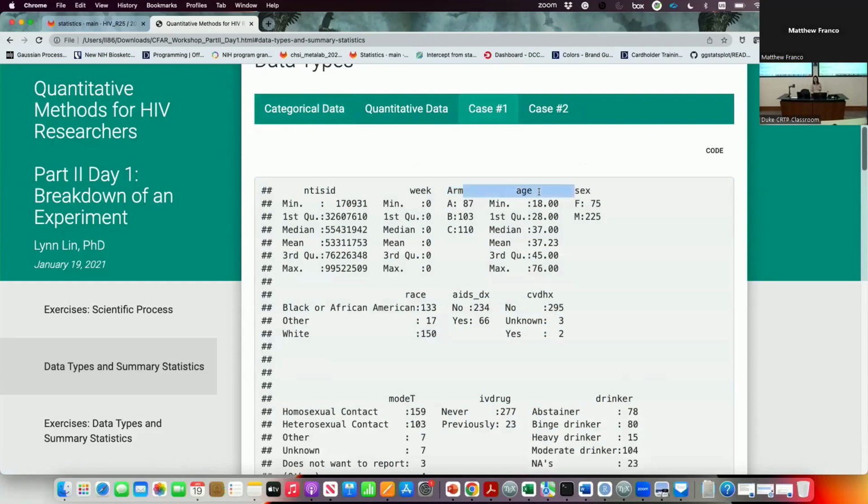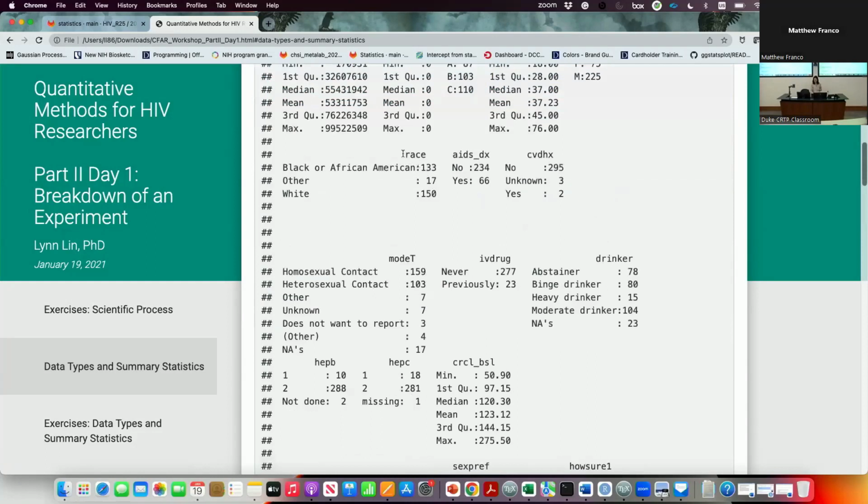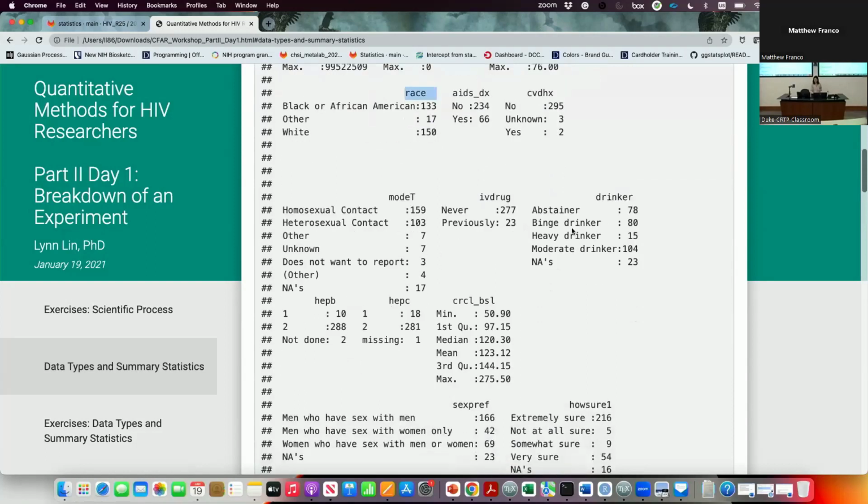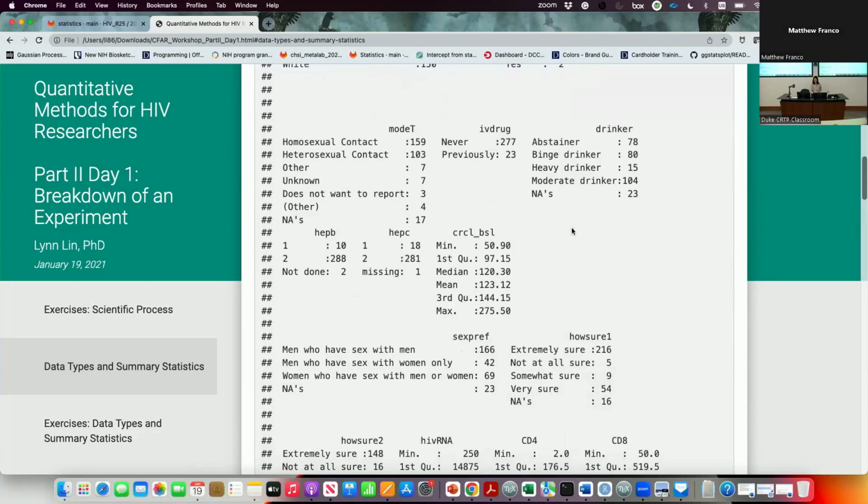Which type of data is age? Continuous, yes. And how about sex? Yes, binary. How about race? Yes, categorical, nominal. Let's see what else. Okay, how about this one? Ordinal?